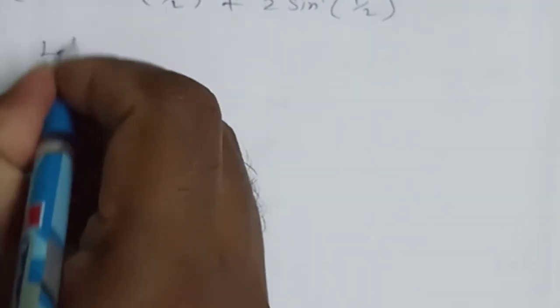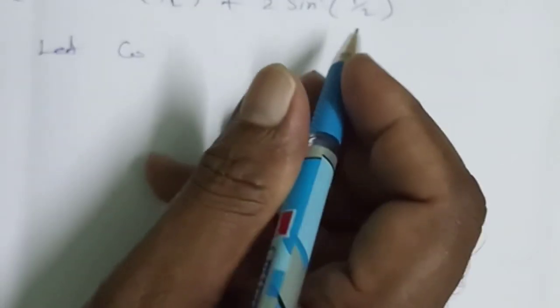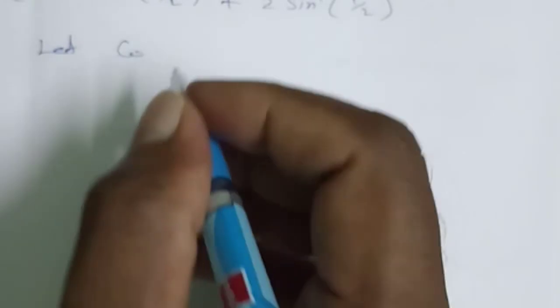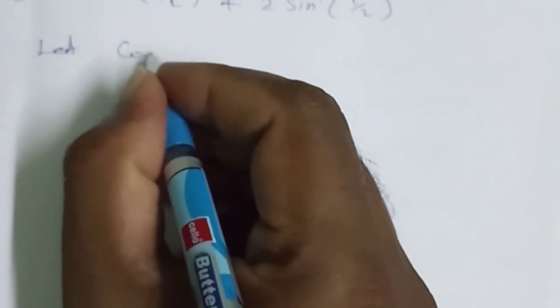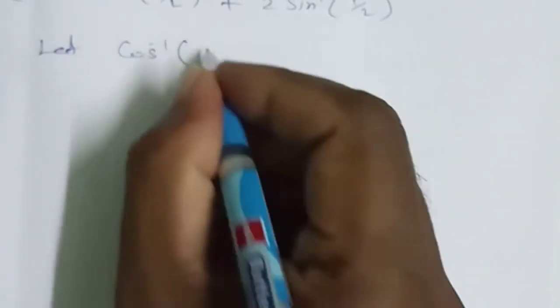Next problem, sum number 12. Find the value of cos inverse of 1 by 2 plus 2 sin inverse of 1 by 2. Let us first find the cos inverse of 1 by 2 and sin inverse of 1 by 2 separately. Then substitute in this equation, and we get the answer. Let x be equal to cos inverse of 1 by 2.